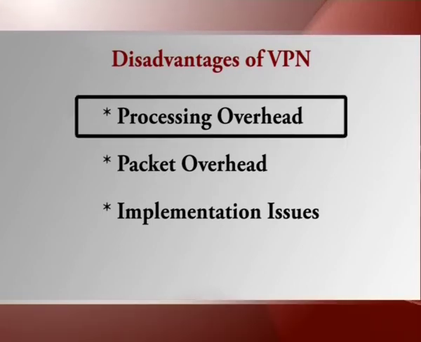Processing overhead: encryption, the backbone of the VPN, involves incredibly complex mathematical computations. These must occur for every packet that is sent across and received by a VPN gateway device. These complicated computations take their toll not only on the gateway device but also on the overall bandwidth of the VPN connection. This speed reduction intensifies with stronger encryption algorithms, which in turn require more mathematical complexity and more processing bandwidth.